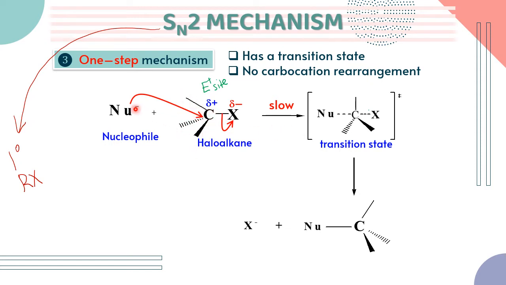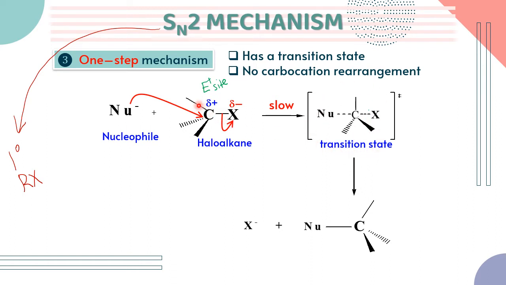Okay, so once the nucleophile attack the carbon, nucleophile akan start form bond dengan carbon. Carbon akan start break dengan halogen pada transition state. So at this transition state, dua-dua bond ni belum fully terbentuk, belum fully putus. Okay, it's in between. So that's why we have a transition state over here.